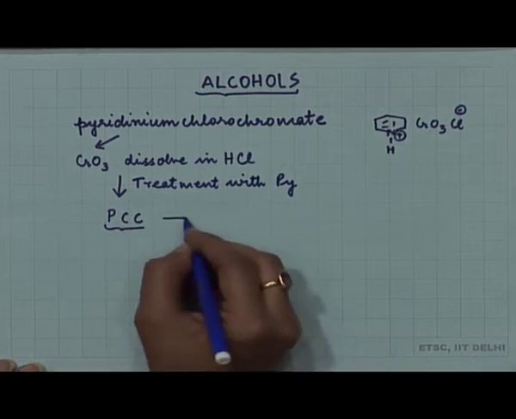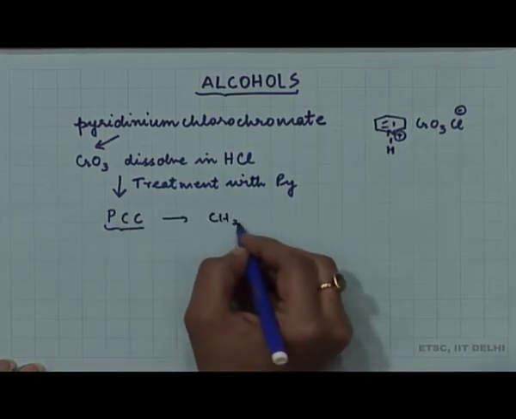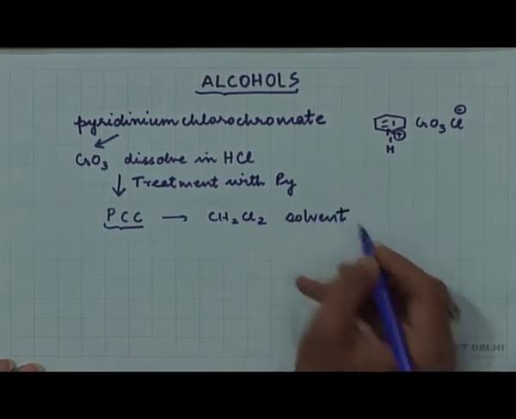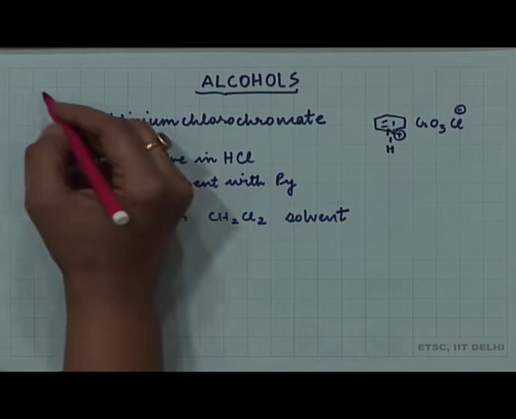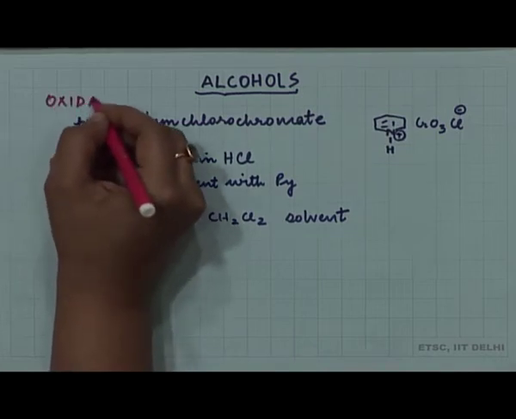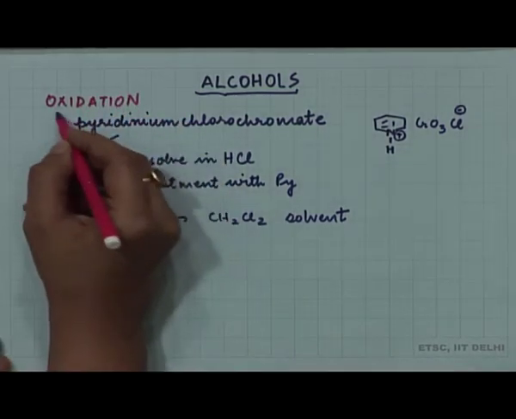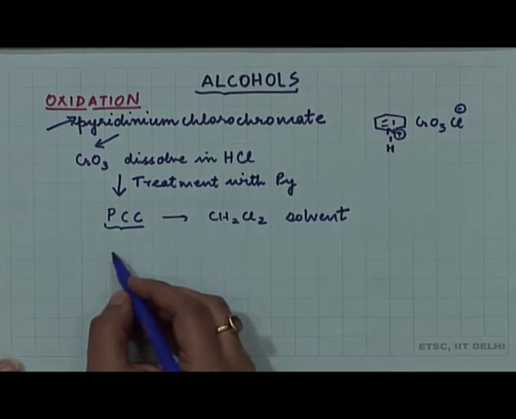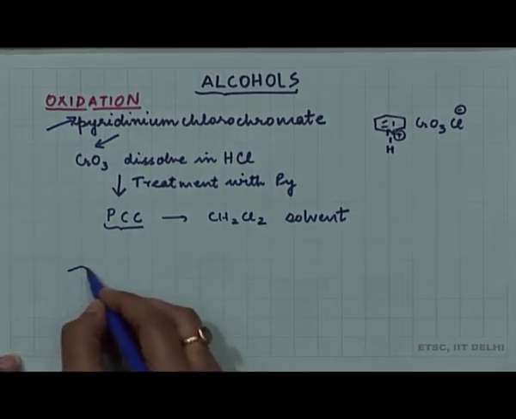This pyridinium chlorochromate is taken in dichloromethane as the solvent and used for the oxidation of alcohols. So, mind you, we are still dealing with the oxidation of alcohols, and in this series I am discussing a milder oxidizing agent like pyridinium chlorochromate, which can be used to stop the reaction at the aldehyde stage.